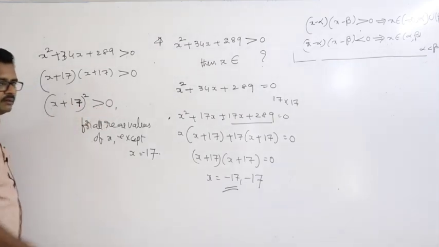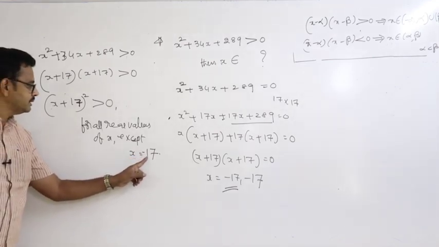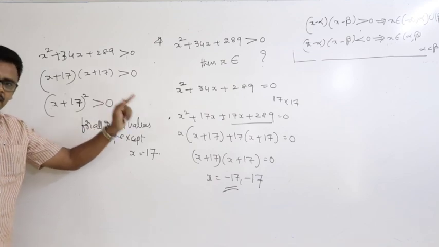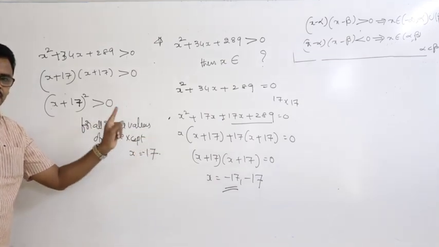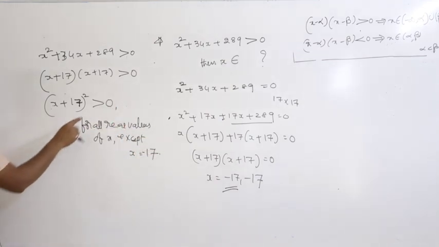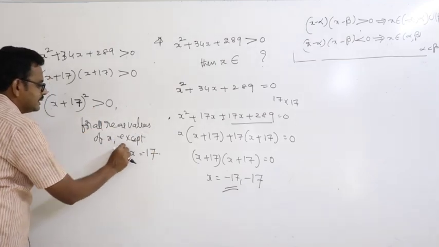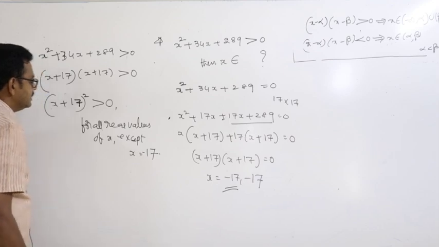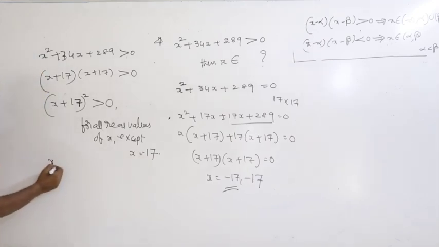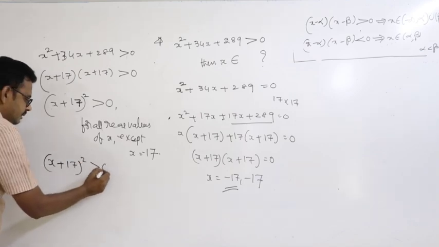Is 0 greater than 0? That is wrong. Other than minus 17, this is always greater than 0. So the expression is greater than 0 for all real values of x except minus 17. Symbolically, x plus 17 whole square is greater than 0.